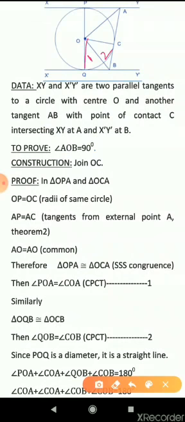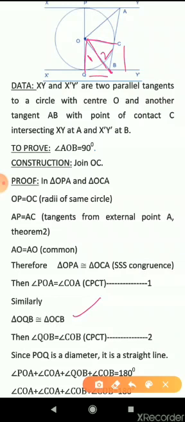Here also the radii are equal, and B is an external point, so these two tangents are equal, and OB is common. So by SSS congruence, these two triangles are congruent. Instead of writing the same steps again, you write it as similarly, these two triangles are congruent.